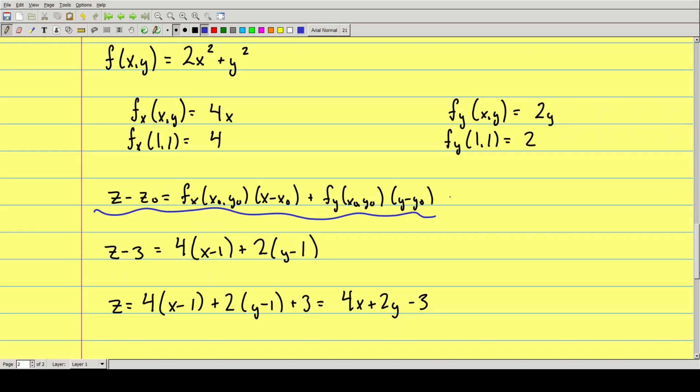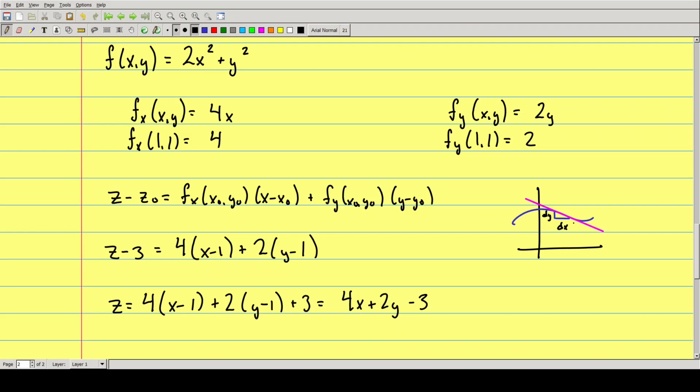In the 1D case, we had some curve, and we could look at the tangent line to that curve at a point. By looking at the tangent line to the curve, we could imagine the dy and the dx. So we would have dy here and dx.